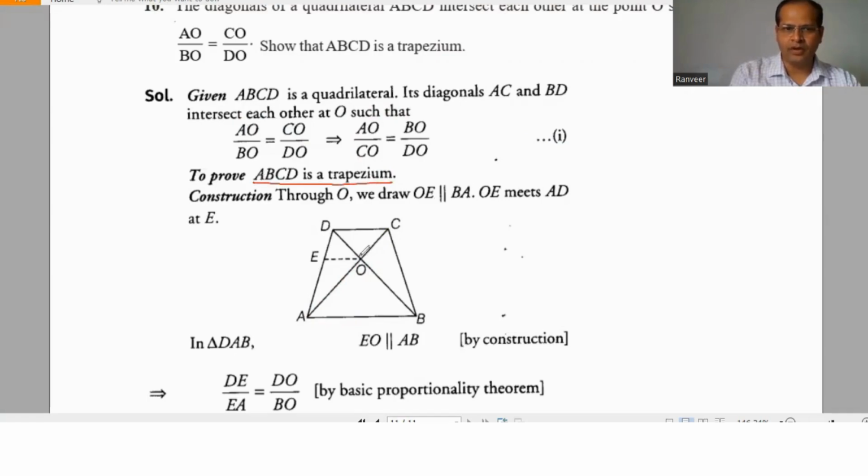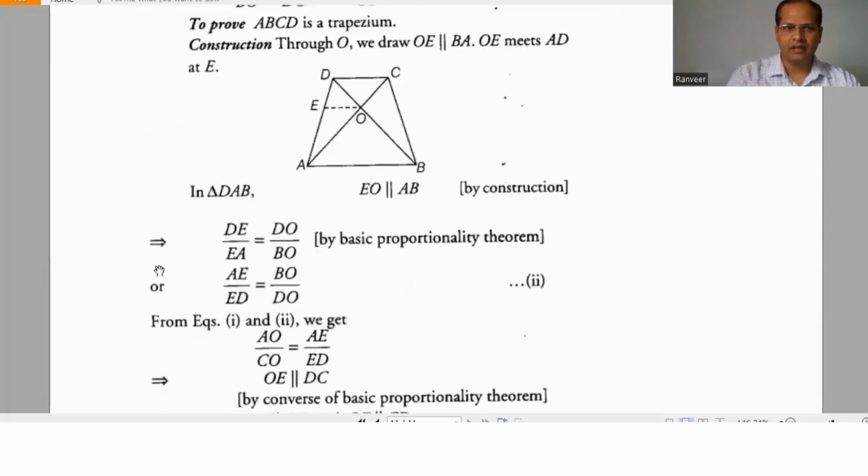From the construction, through O we draw a parallel line OE which is parallel to AB and meets AD at the point E. Now in the triangle DAB, EO is parallel to AB. So we can write DE divided by EA equals DO divided by OB.